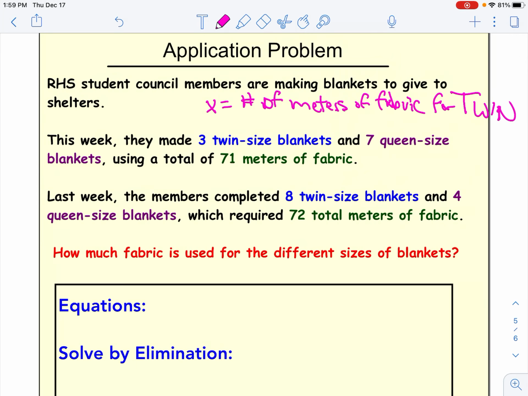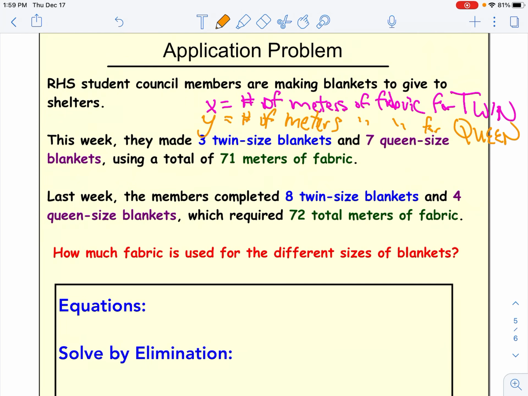And let's let Y equal the number of meters of fabric for a queen size blanket.